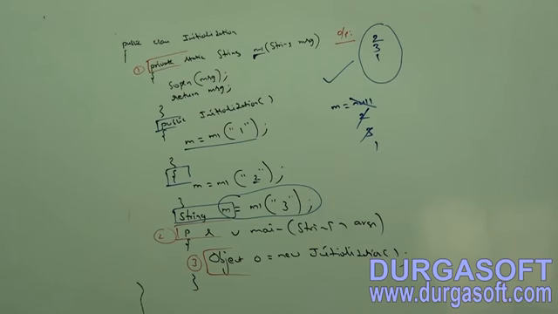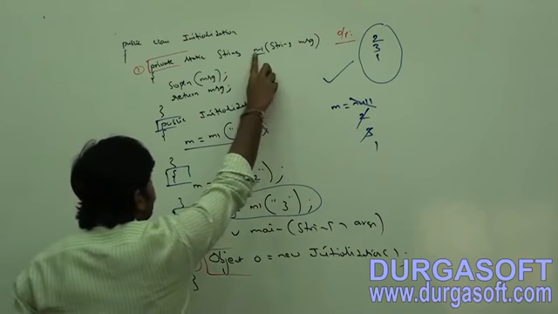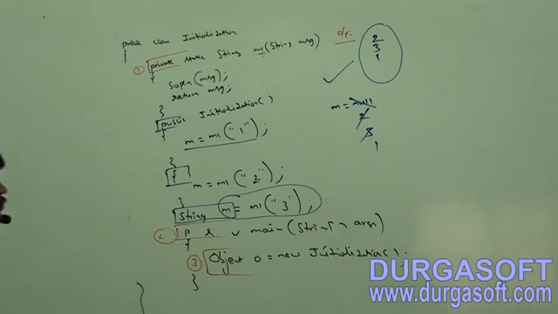Take clearly: private static string m1, m is equal to m1 of 1, m is equal to m1 of 2, like so. So the output by default we are going to get is 2, 3, 1.